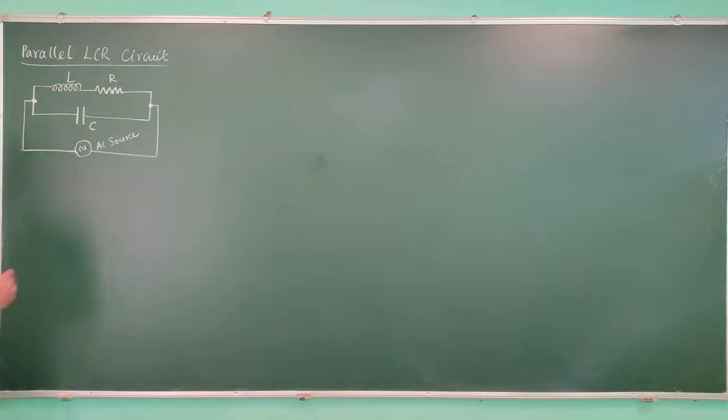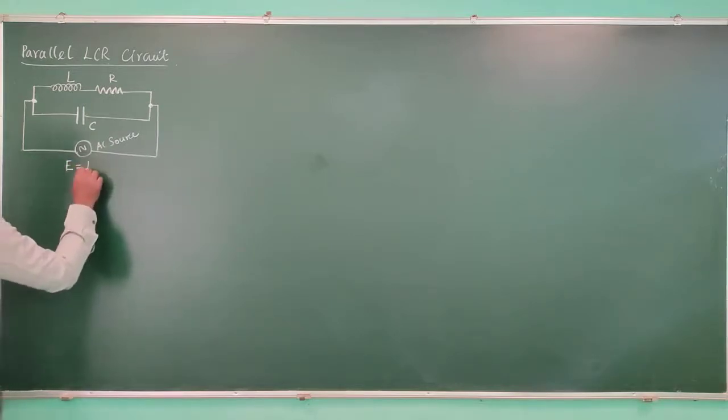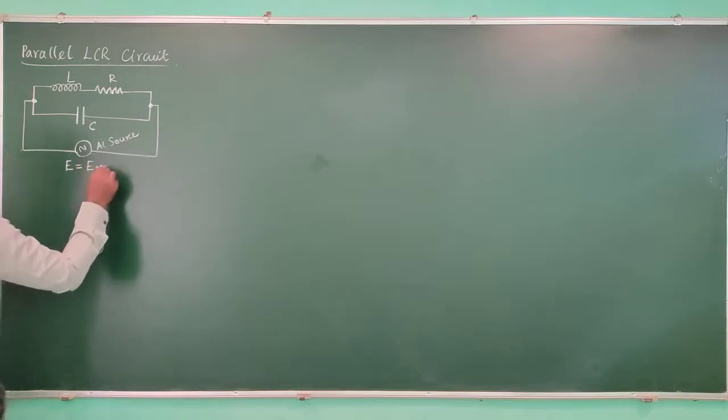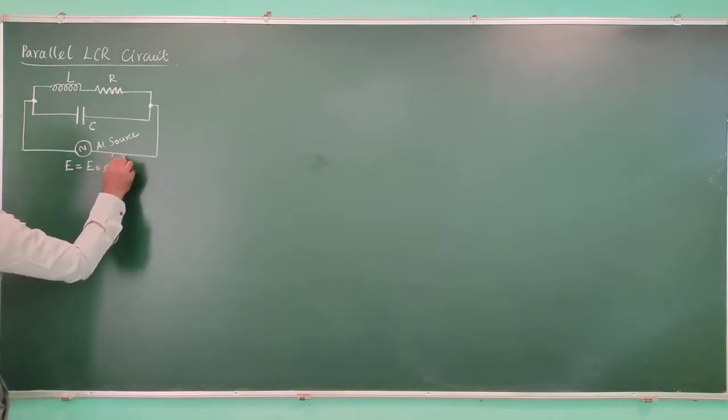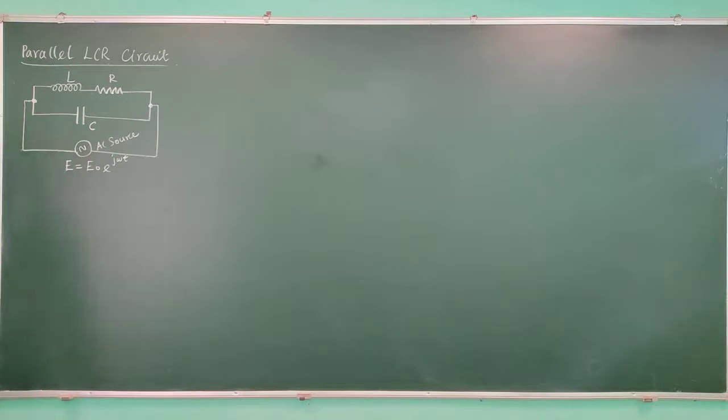We denote this AC source as E, which we can express as E naught e power j omega t, right?